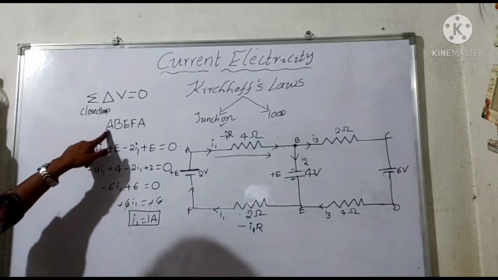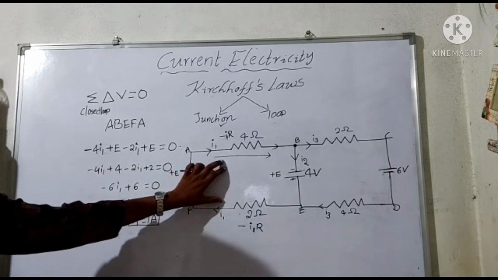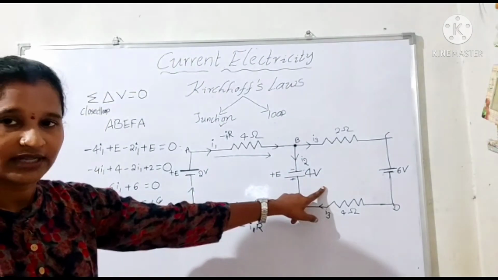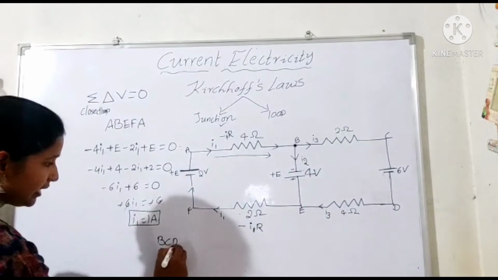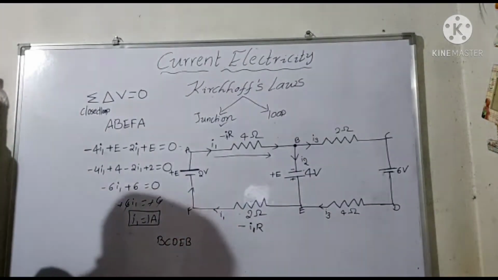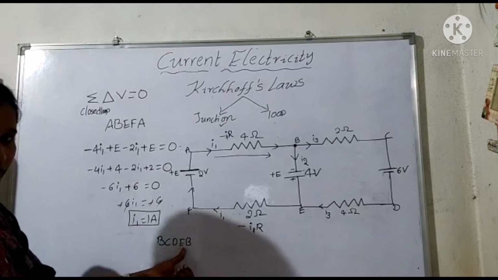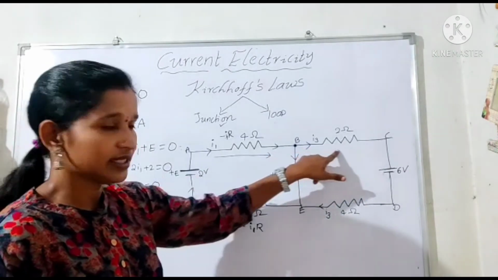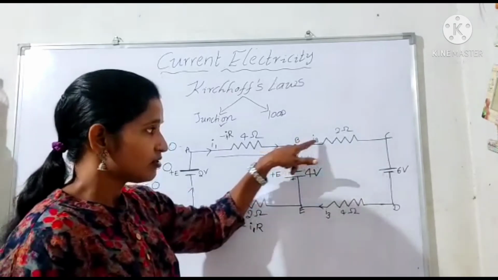So in this loop, how much current is flowing? 1 ampere. This is the first loop. Same like that for the second loop also, we can write the formula. Loop B, C, D, E, B. My path is B to C, C to D, D to E, E to B. So our path is in this direction, we are traveling through the resistor in this direction, and current is also in this direction.